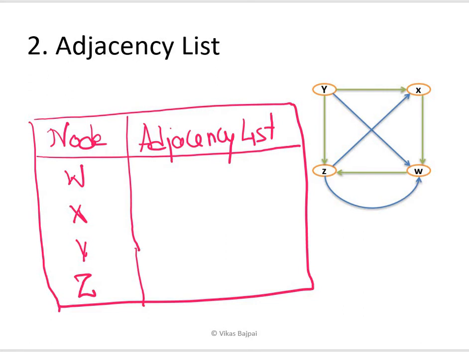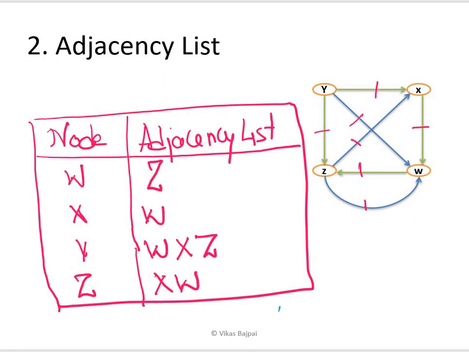From W I only have Z. For X, I have only W. For Y, I have W, X and Z. And for Z, I have X and W. And we are good with our adjacency list for this graph G.